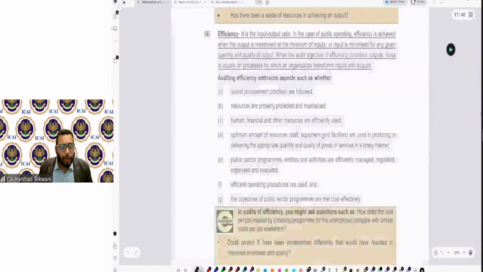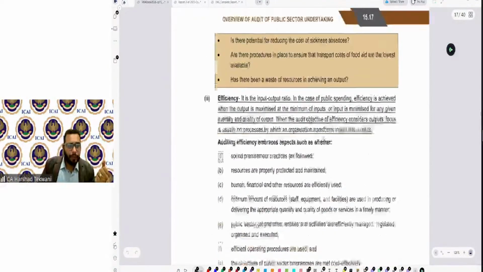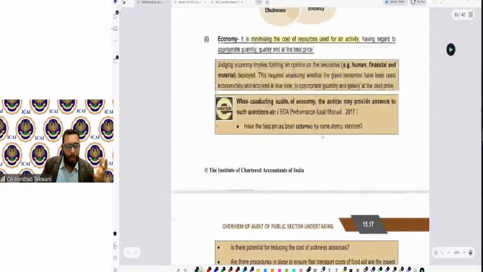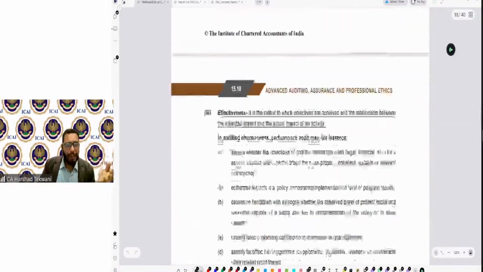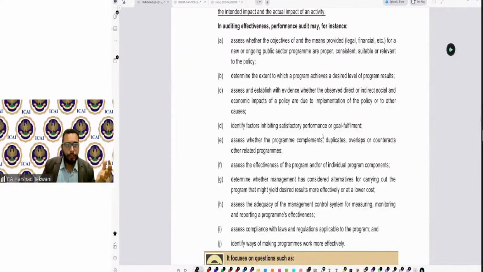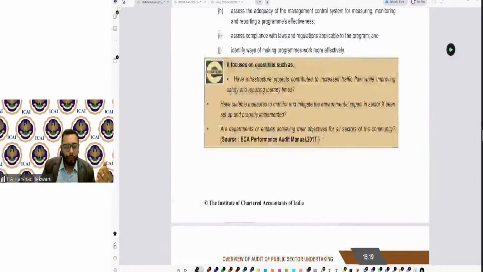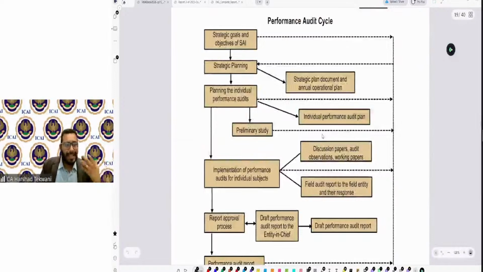So in performance audit, you focus on these three things: my economy, my efficiency, and my effectiveness. So I decide the objectives. We do the planning in the audit.